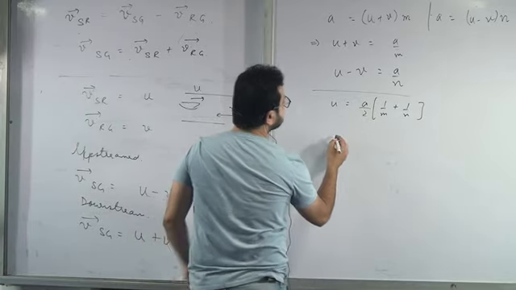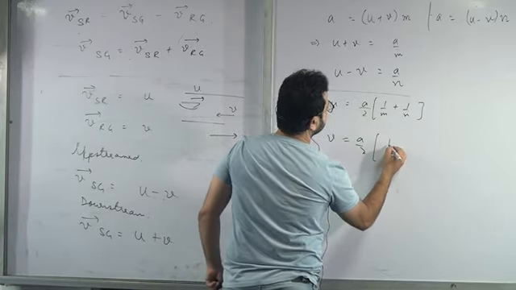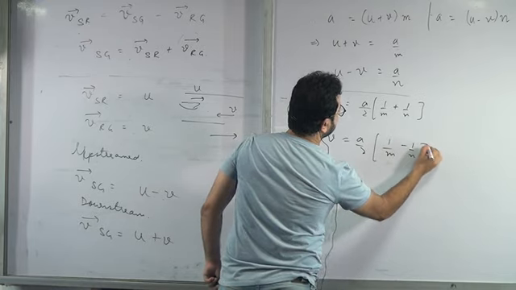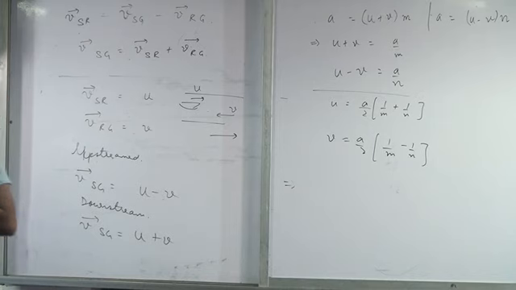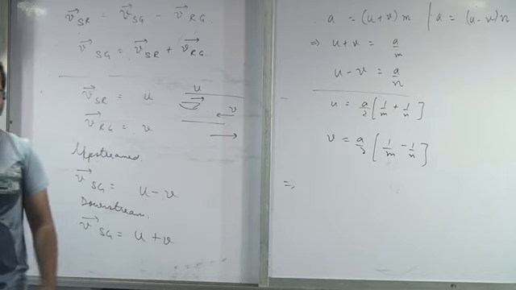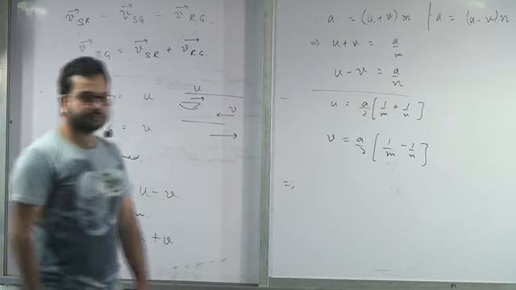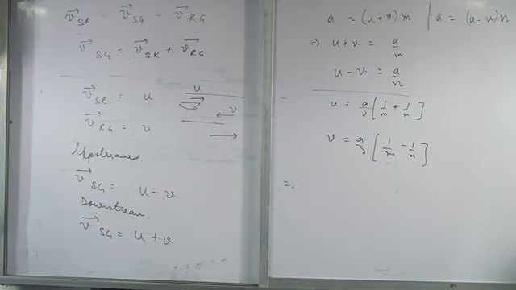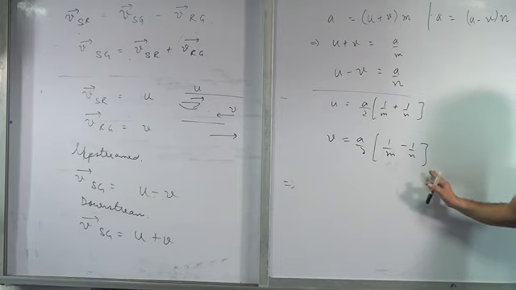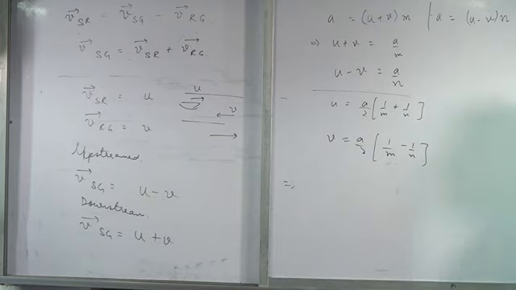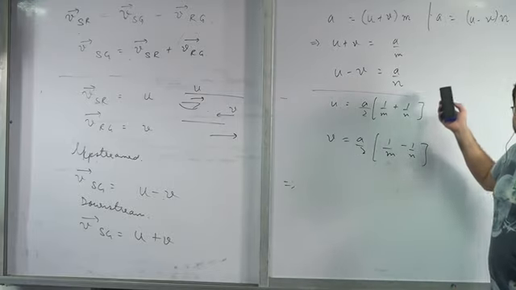Okay, and if we subtract these two equations, I get V is equal to A by 2 times (1 by M minus 1 by N). Clear? Any problem? Can I rub this off?